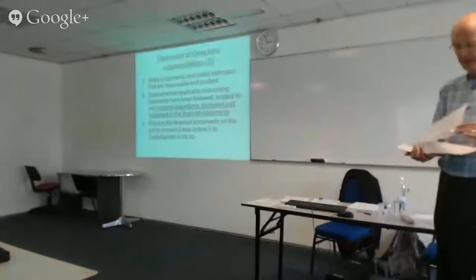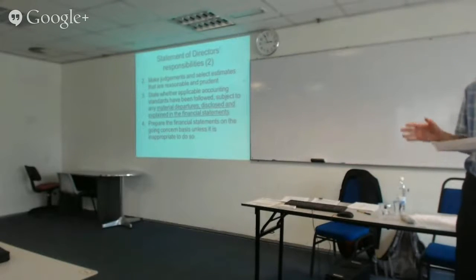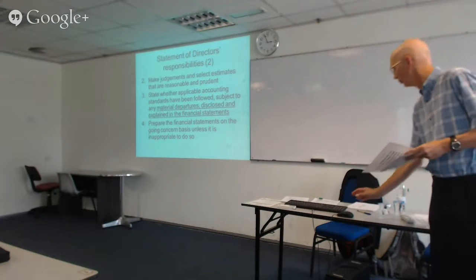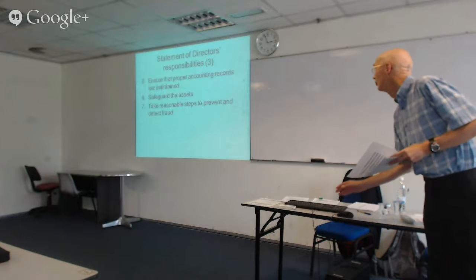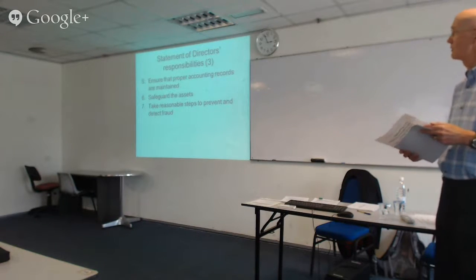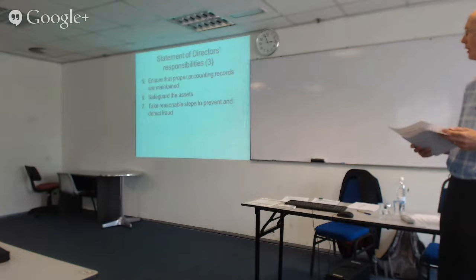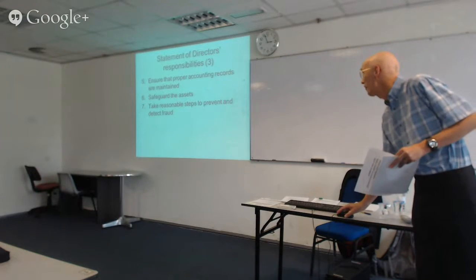And first and foremost, the directors take judgments and make estimates that are reasonable and prudent. Then to maintain proper records. We talked about safeguarding the assets a little while ago, didn't we? Okay. That should have been a bit of a refresher, really.